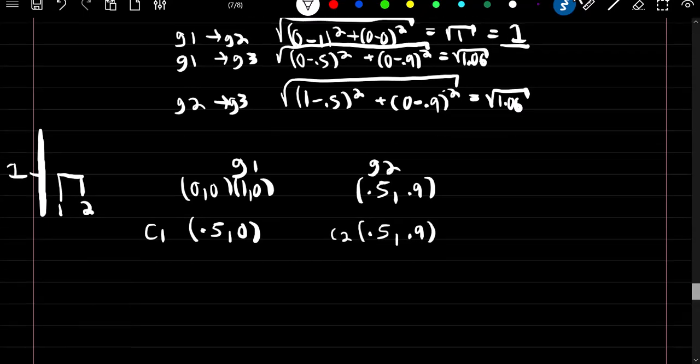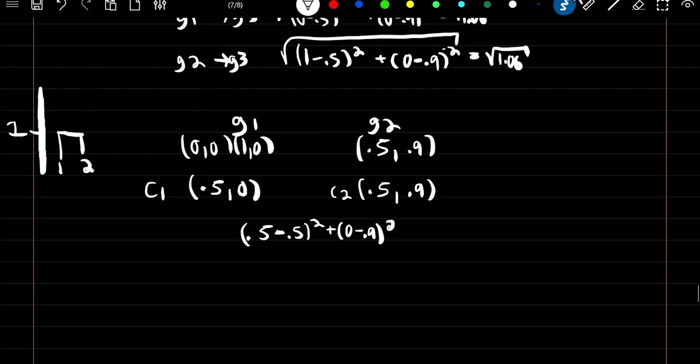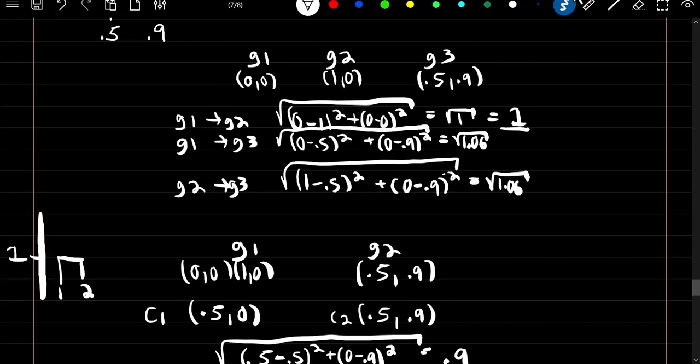So we find the Euclidean distance now between these two centroids. So 0.5 minus 0.5 squared plus 0 minus 0.9 squared. Take the square root, and we will get a value of 0.9. Notice that the distance between the centroids of group 1 and group 2 is less than our first split, which was at a height of 1.